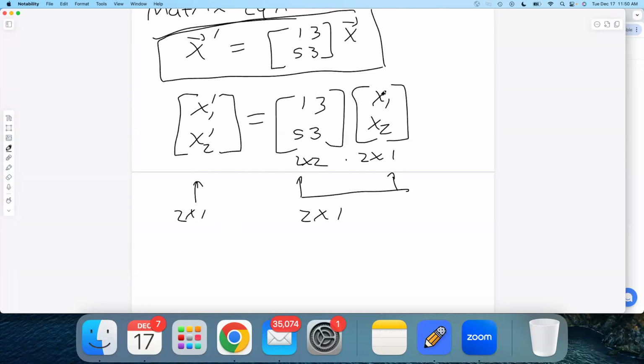And the top entry in this matrix multiplication should be that one there. So this should say x1 prime equals, and now I take this row and lay it on top of this column. 1 times x1 plus 3x2.